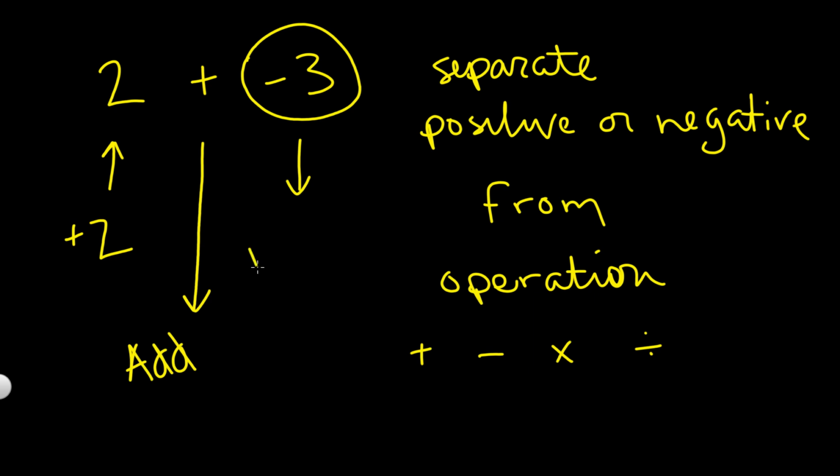So in this case, the negative goes with the 3. Now, it's pretty typical that the positive or negative sign immediately precedes or goes before the number. Let's look at a couple more examples like that.